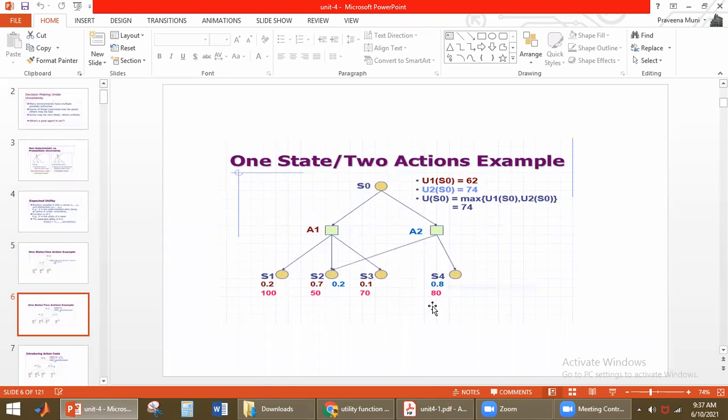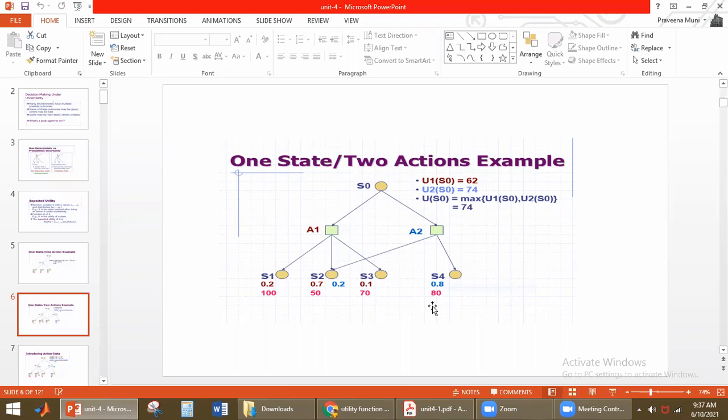Then here we found the utility function for A1 and the utility function for A2, denoted as U1 and U2. A1 value is 62 whereas A2 value is 74. So if you are performing two different actions, we are getting two different values. Now the agent has to decide which action to consider.